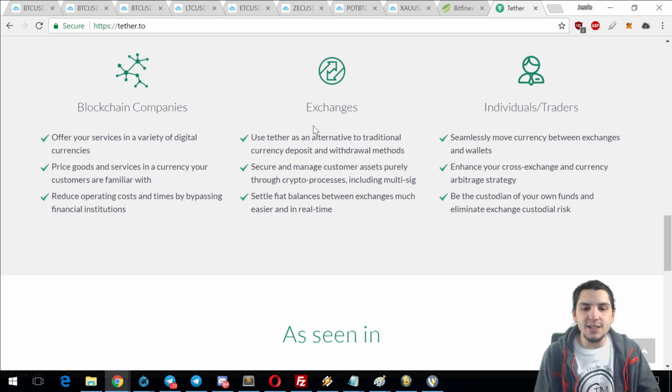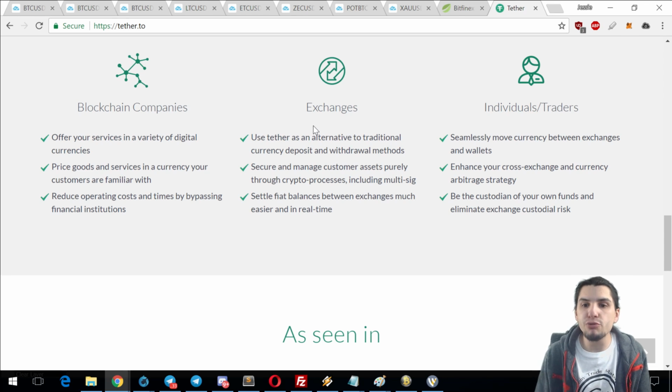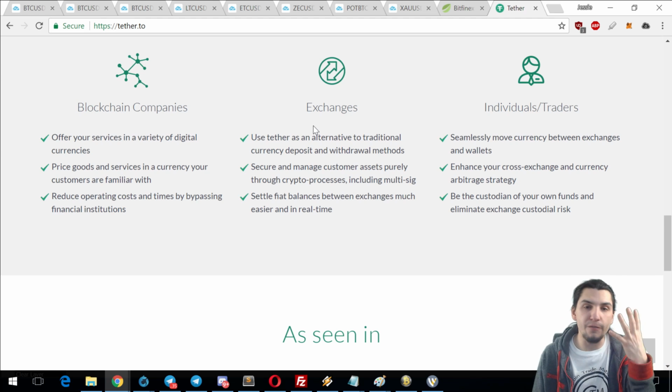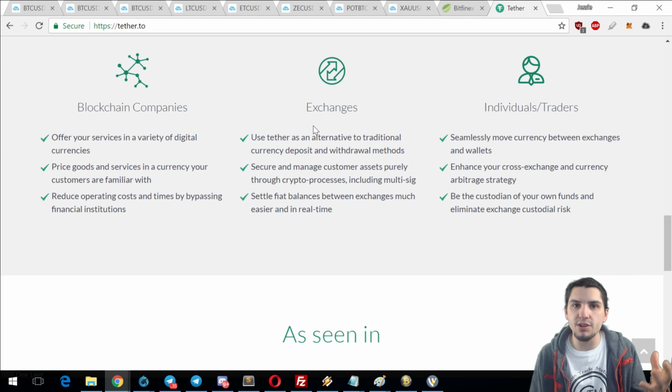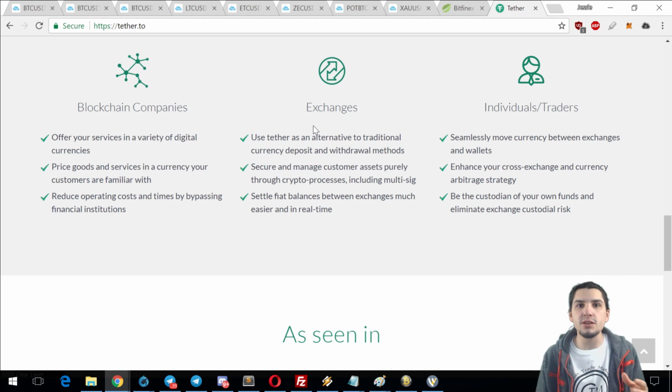And the reason is because in order to exchange in a lot of countries between your fiat currency, your national currency, and cryptocurrencies, you need a special license in order to operate that particular business. You might need to be licensed as an authorized money exchanger because you are exchanging monies from one form to another.